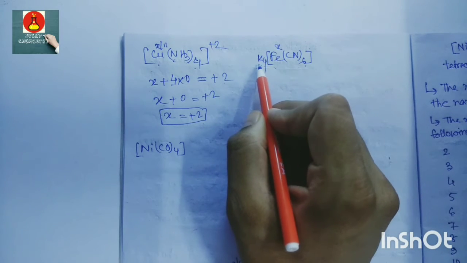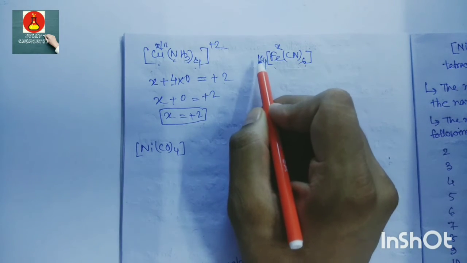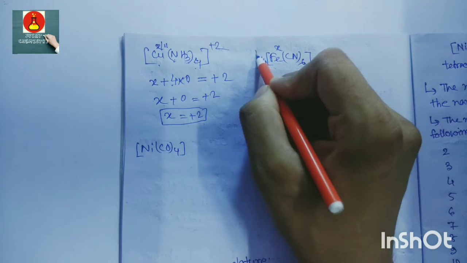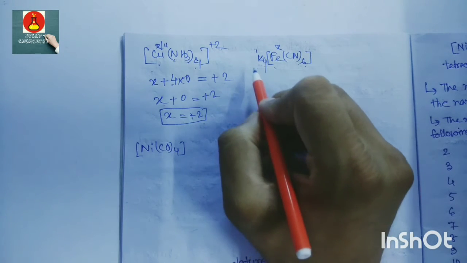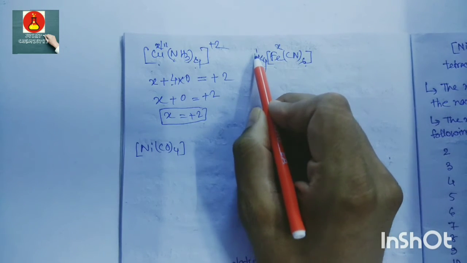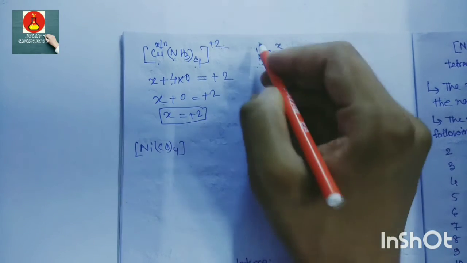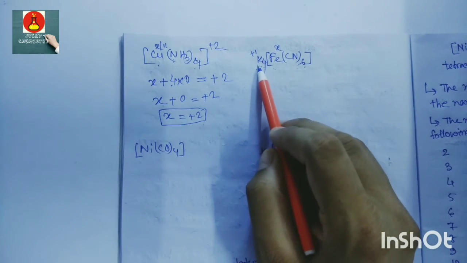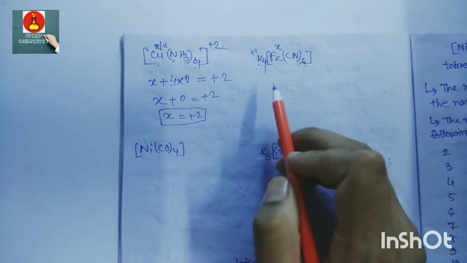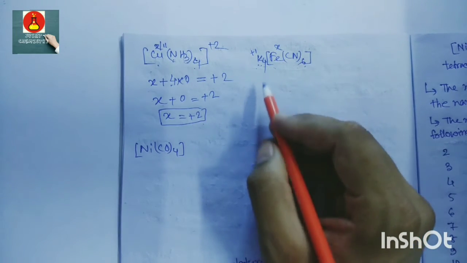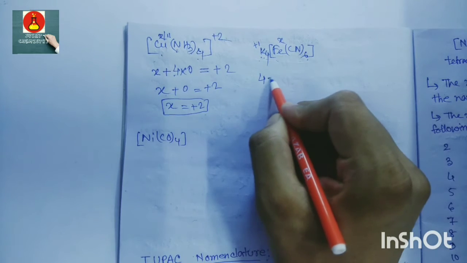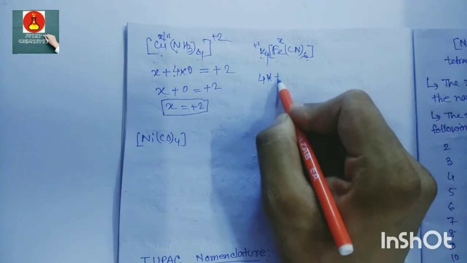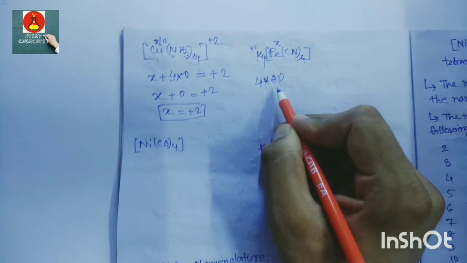As you can see, this is potassium, right? Now the potassium contributes +1 charge, because it is a metal. So each of these potassium contributes +1 charge. There are 4 potassium, so it will be 4 into +1, right?